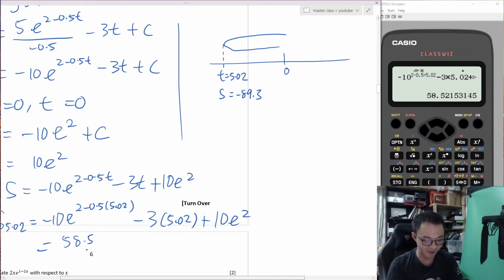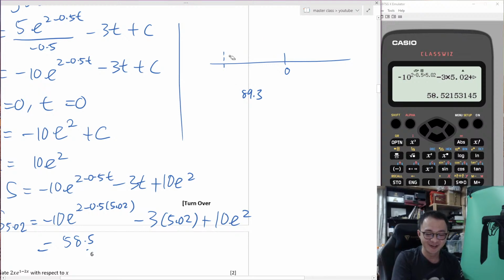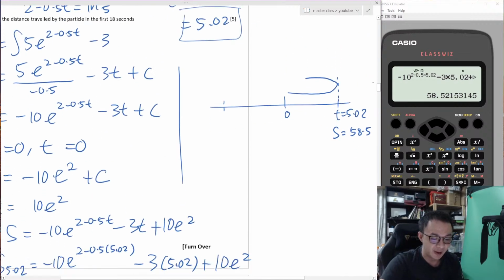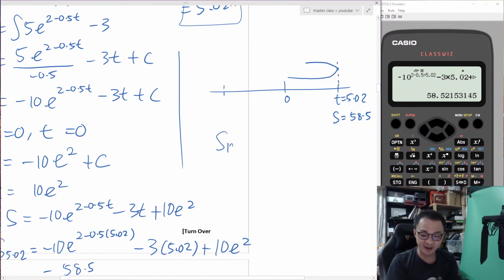Okay, then the diagram will be slightly different. Here, when time equals 5.02, the particle will travel here. The displacement is 58.5. And right now, I want to know when time is 18 seconds.